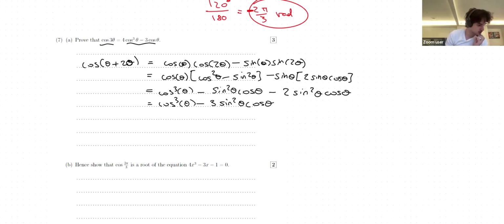So we want everything in terms of cosines. What can we convert to a cosine in this line? The sine squared. So cos cubed theta minus 3 onto cos.